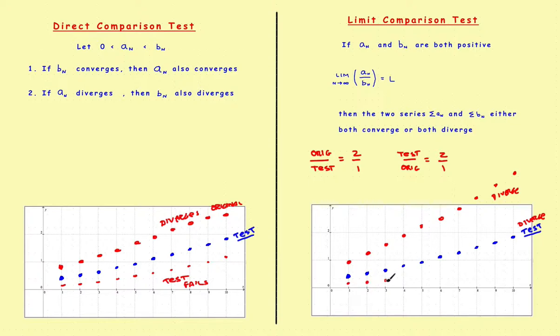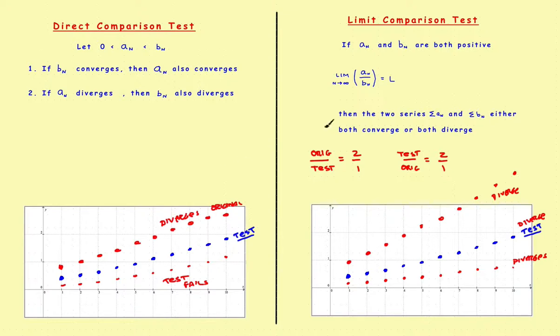So if you did this one, each red dot would be half as high as each blue dot. But again, they'll maintain the same ratio, and this thing still diverges. So it doesn't make any difference which one's on top. If the blue one diverges and either one of these two red ones maintain the same height ratio, whether it's 2 or 1/2, they both diverge.